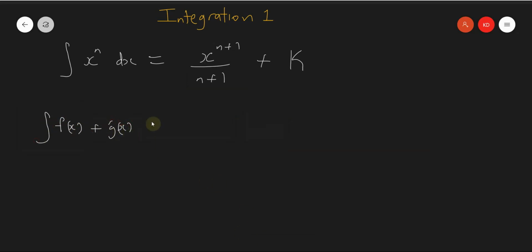This is basically how you can think about each term. You can think about each term as being separate functions, and we integrate with respect to x. That's basically the integral of f of x plus the integral of g of x. And remember, these are with respect to x. So as I said, you simply integrate each term and you add the result.